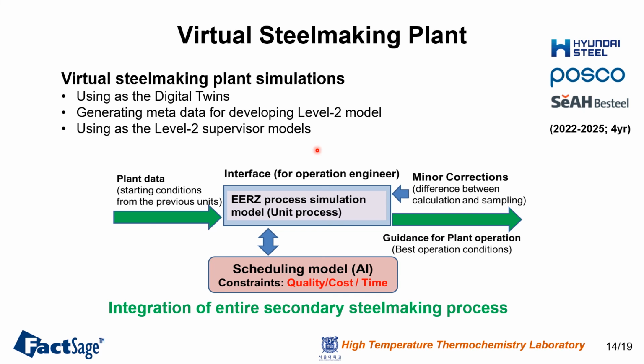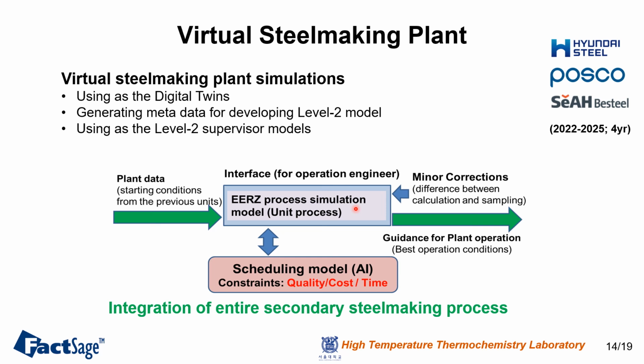Once you decide what kind of steel product you want to make, we can do the simulation before the operation and give guidance for the operation parameters. During the operation, we can check the real sampling data, and if necessary, we can do minor corrections in the process calculation and then provide additional guidance data continuously.